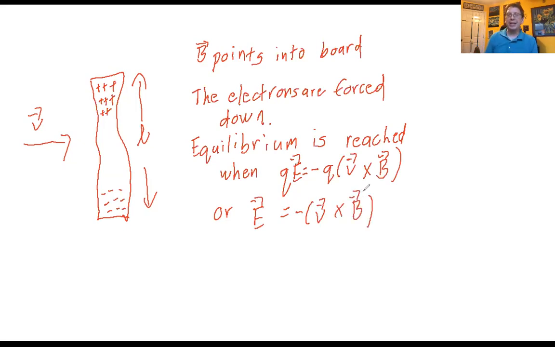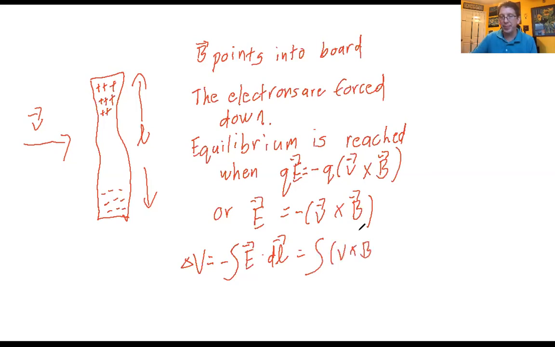Now how do we write that in terms of a potential difference? Delta V in the generalized form is the negative of the integral of E dot dl. Or, given the negative signs, you can write that as the integral of v cross B dot dl.